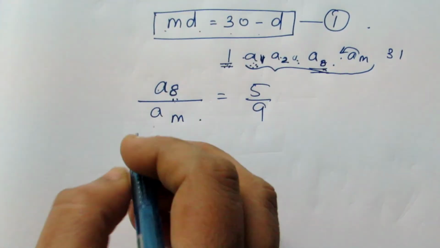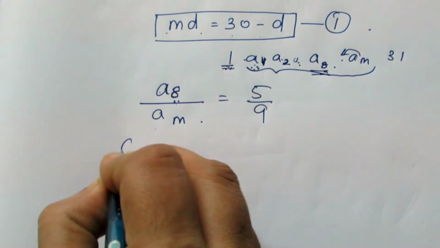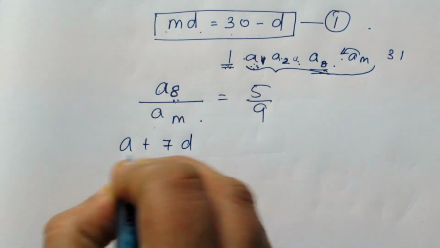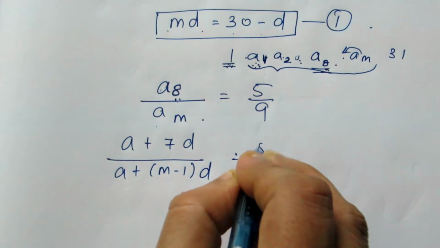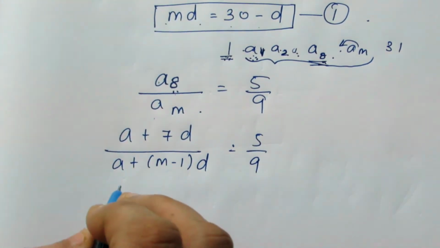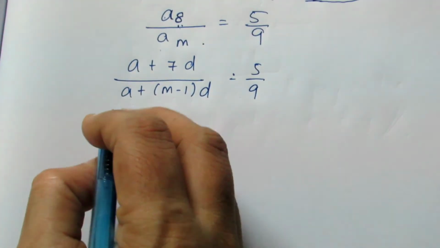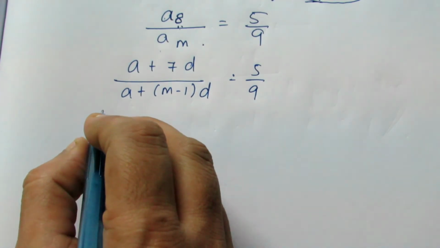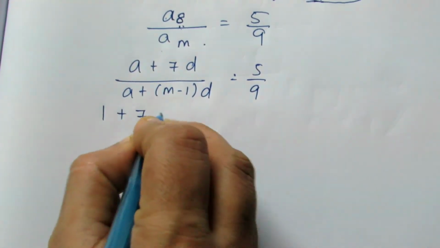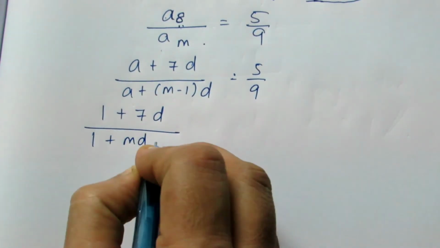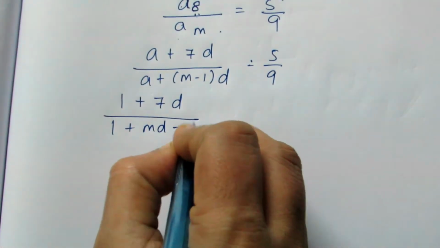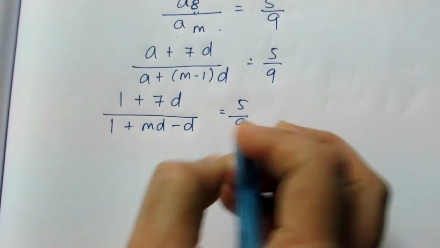Now substitute the term formula, which is a plus 7d by a plus m minus 1 into d, is equal to 5/9. Here we know the value of a, substitute it here. This becomes 1 plus 7d by 1 plus, if I multiply this inside, md minus d, is equal to 5/9. Cross multiply.